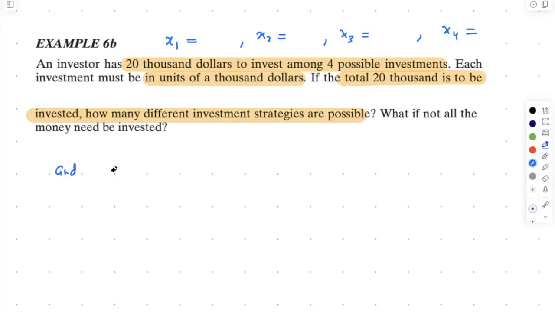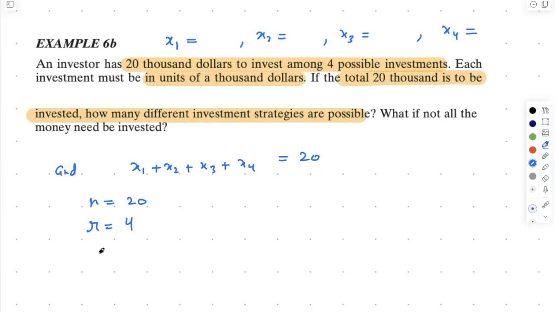And the condition is you can invest only $20,000. So the total is going to be 20,000 there. So here, how many 1,000s do you have? 20. 20 you have to divide into 4. And how many solutions are there?